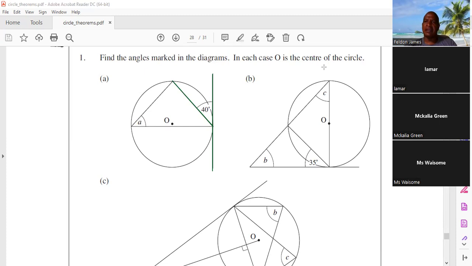Everybody see that, guys? Raise your hand. Repeat that again, please. This is the alternate segment theorem. The angle here with the tangent and the chord is equal to the angle in the triangle formed at the circumference. So A is equal to the same angle. So A equals 40.